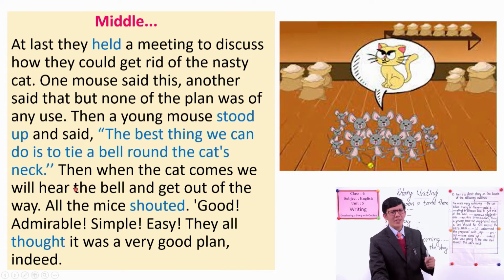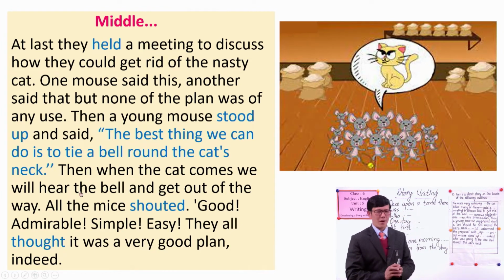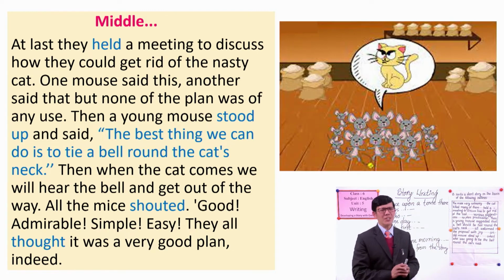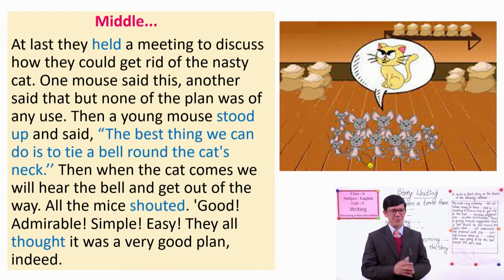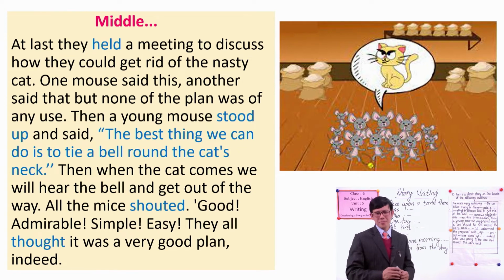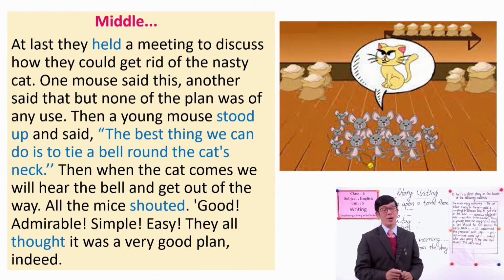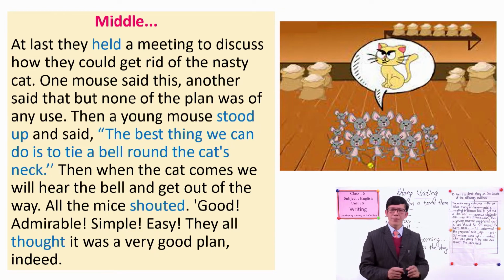Then when the cat comes, we will hear the bell and get out of the way. All the mice shouted, good, admirable, simple and easy. They all thought it was a very good plan indeed. See how the outlines are developed there, with the use of the past tense and direct speech.